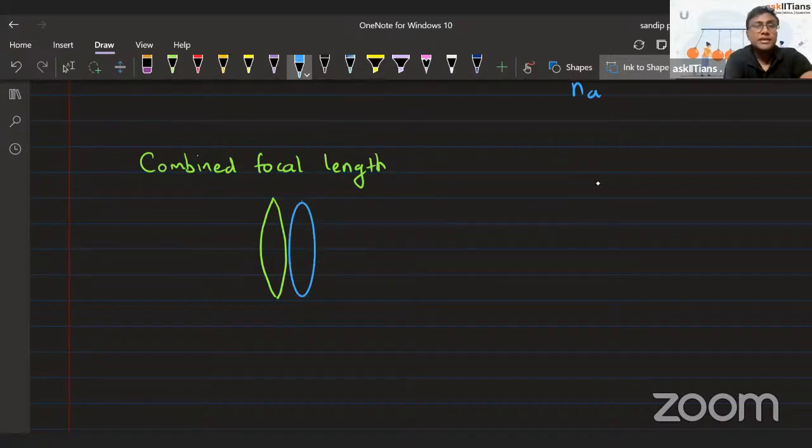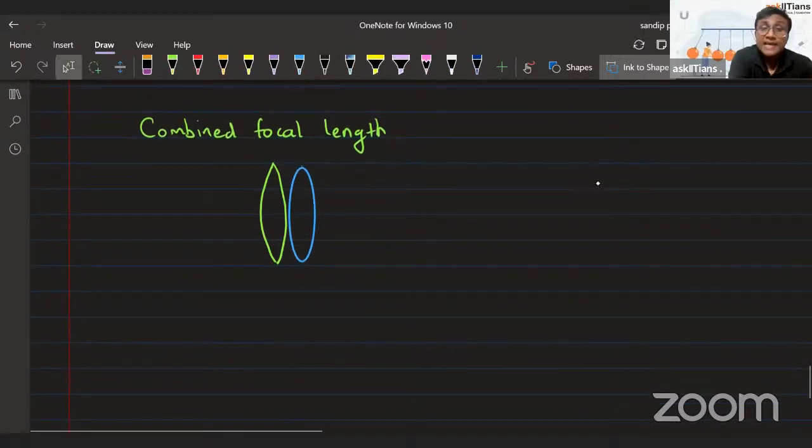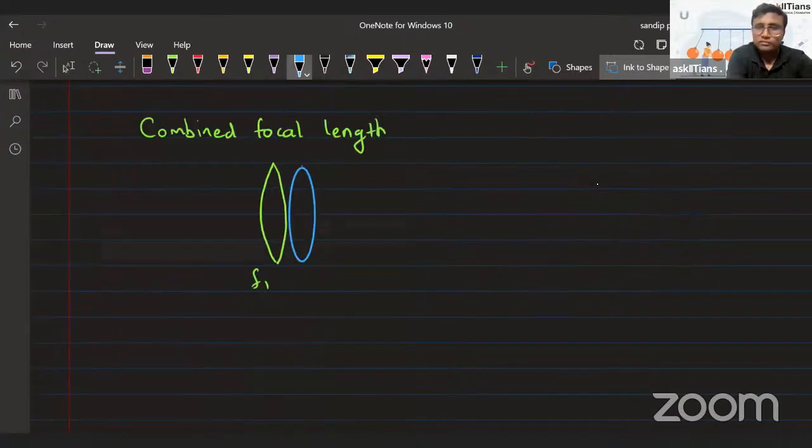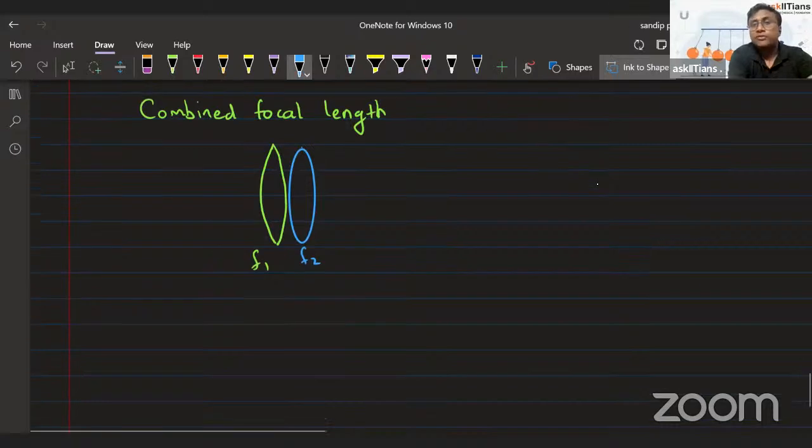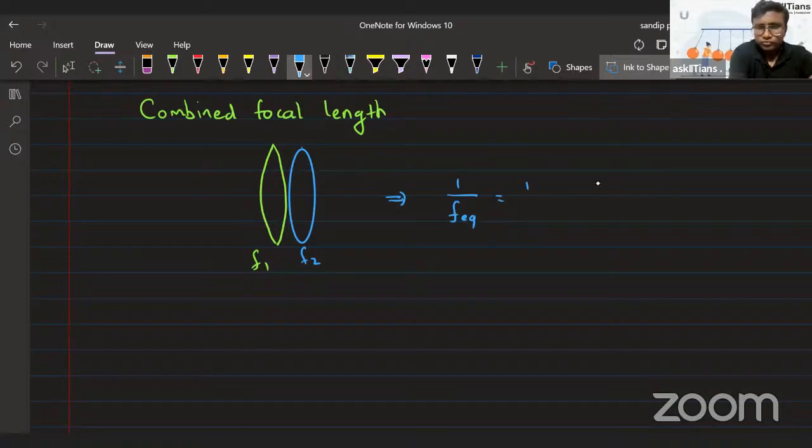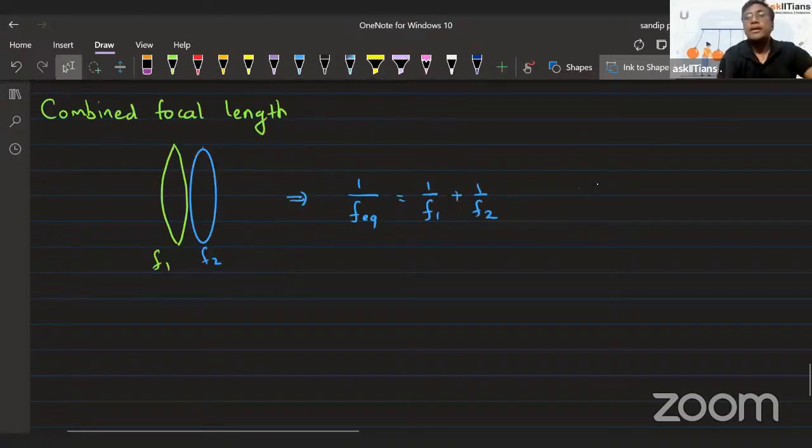The first one has focal length f1, another one has focal length f2. Then the equivalent focal length, you can simply write as 1 upon F equivalent is equal to 1 upon F1 plus 1 upon F2.